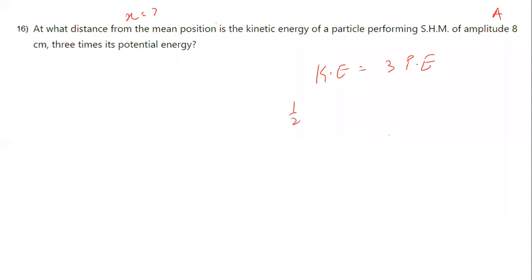So kinetic energy is 1 by 2 m omega square (a square minus x square), and potential energy is 3 multiplied by 1 by 2 into m omega square x square. Cancel the common term and simplify this equation for x. You will get the answer.